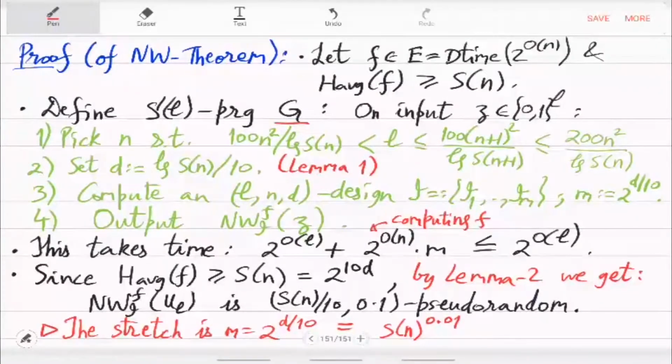So for average case hardness S of n, the stretch that your PRG is giving is S of n to the 0.01. Okay, so the stretch is not S of n, but it is slightly smaller, and this function we can call S prime.